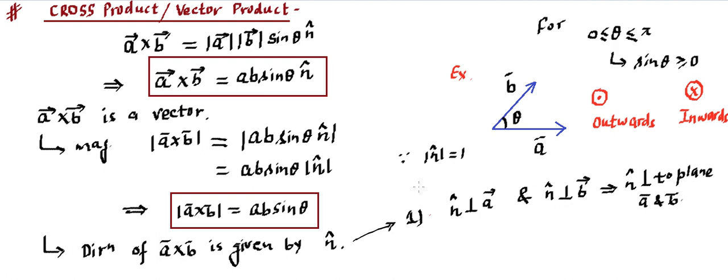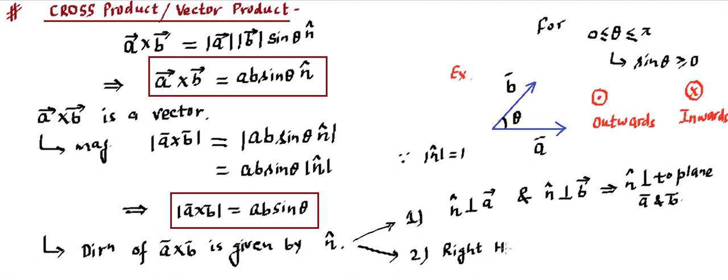Now to decide the final answer, that means to choose the correct one out of these two options, we should use the second point. The first point is quite important, and after it we can use the second point. The second point is the right hand rule, or the right hand thumb rule. So I'm writing it simply: right hand rule.